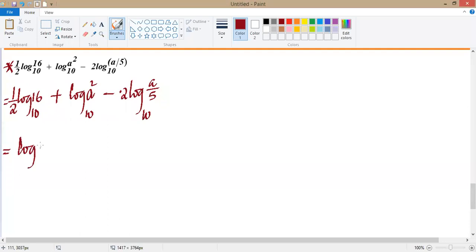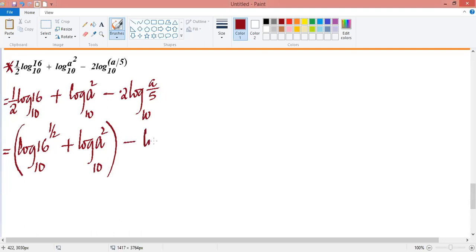So I would start with 16 to the power half base 10 plus the log of a squared base 10. And then I subtract off the log of a over 5, all squared, to the base 10.